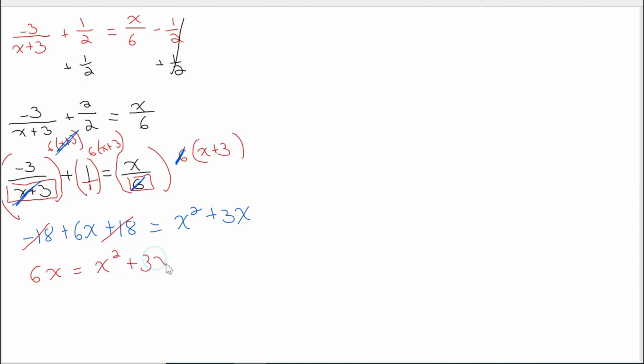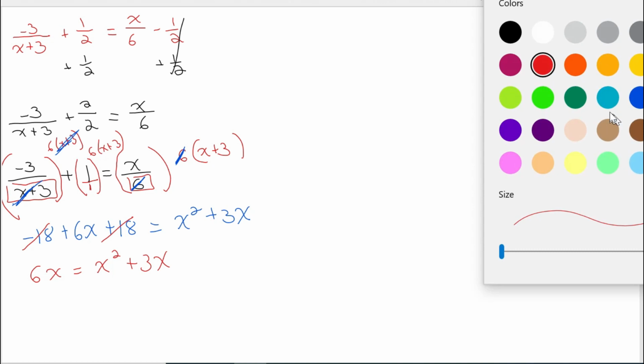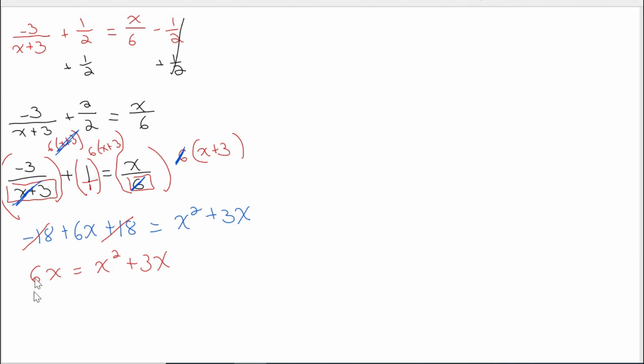By the way, you're going to end up with the same answer. And then what I'm going to do, I want to set it equal to 0 because that x squared is a problem there. So what I'm going to do, I'm going to use green, subtract that 6x.